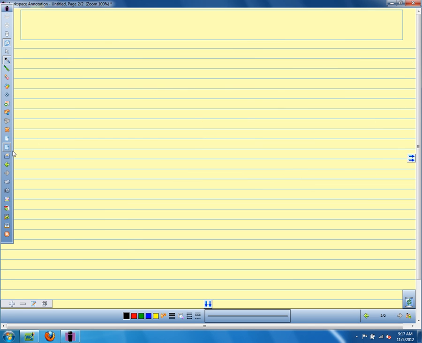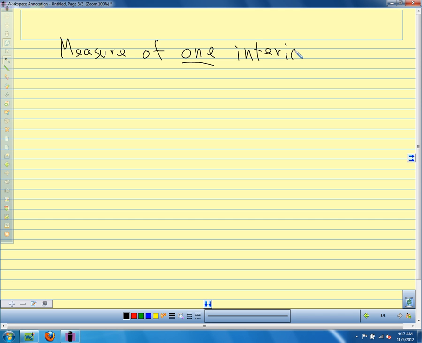So our next formula is the measure of one interior angle of a regular polygon.